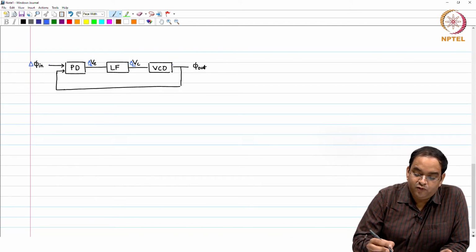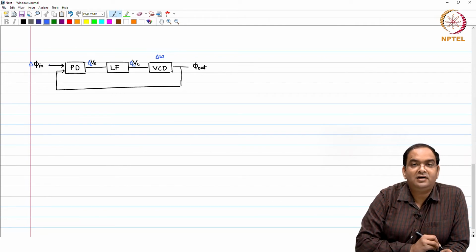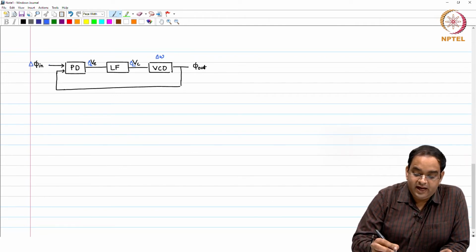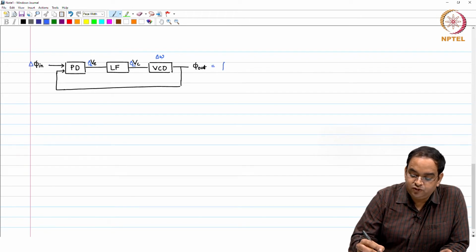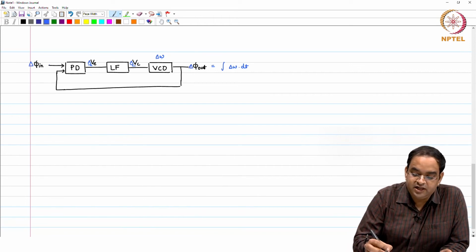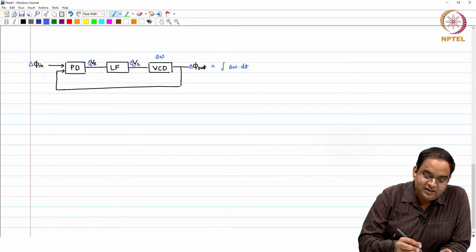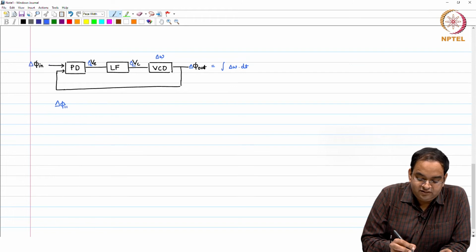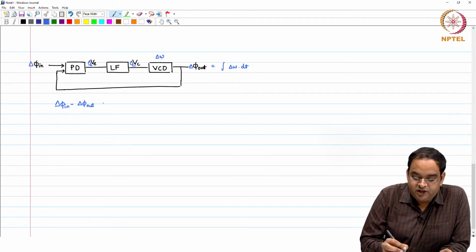This control voltage changes the frequency of the oscillator by delta omega, and the output phase is going to change by the integral of this change in frequency. You will get a change in the output phase such that delta phi in minus delta phi out approaches 0.